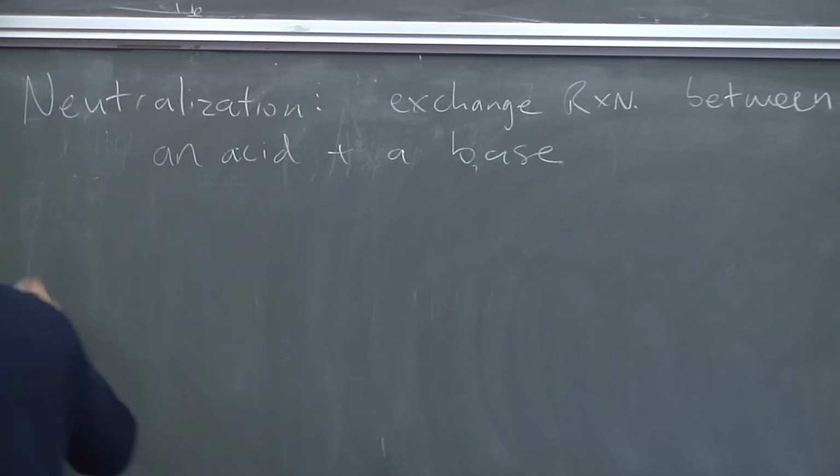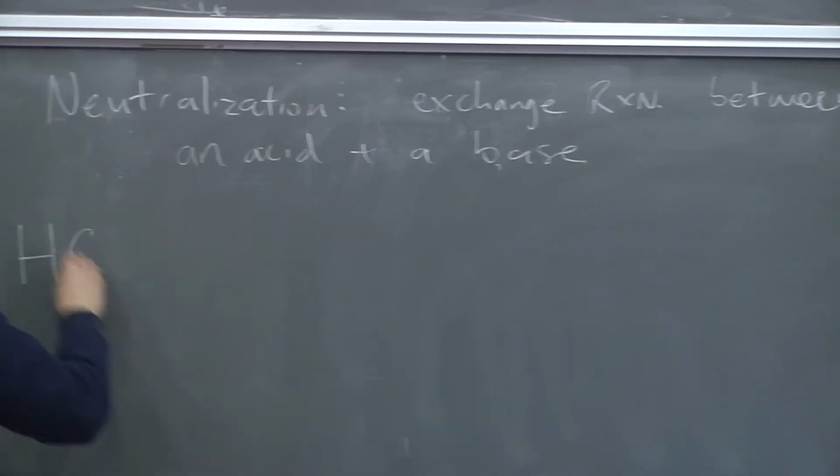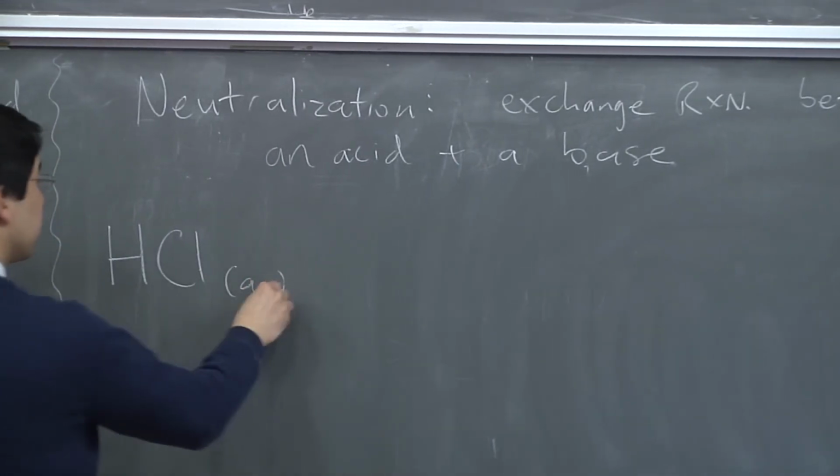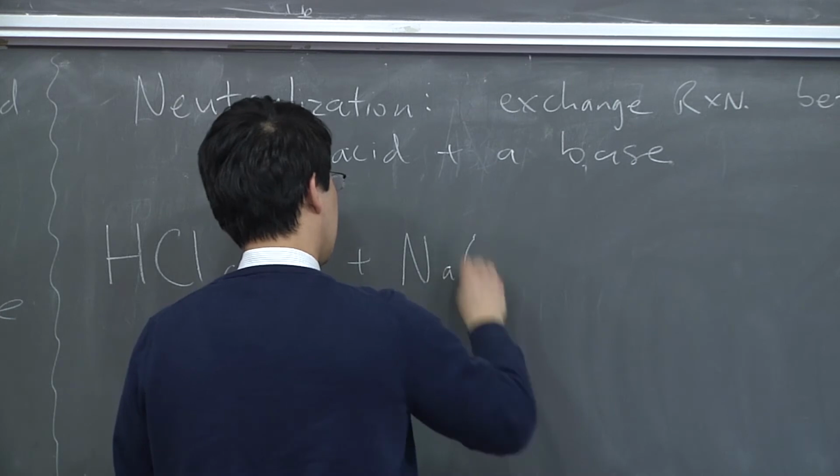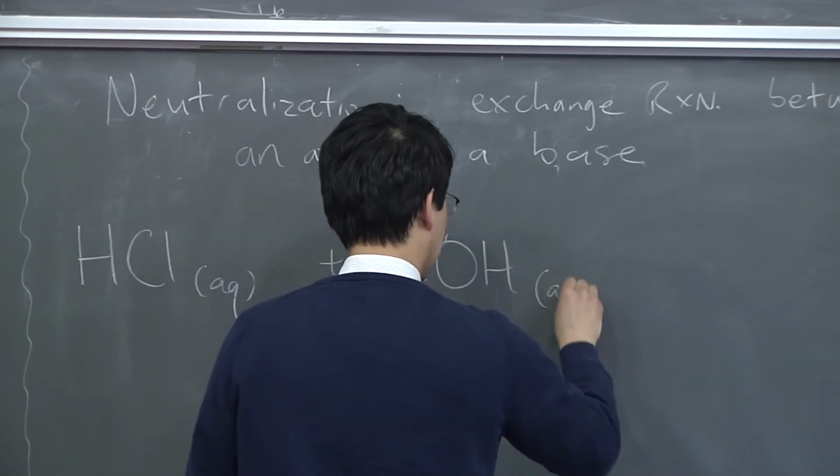So typically, what are we going to see? We're going to see something like HCl, which is an acid, plus NaOH, which is a base.